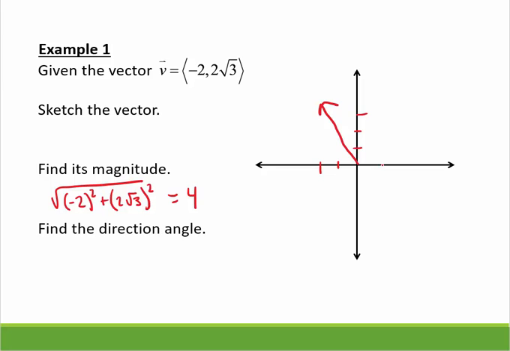Now the direction that I need to find is that theta. What I'm going to do is use the idea of reference angles. So I'm going to find this angle alpha here. And I'm going to do the inverse tangent of 2 over 2 root 3, just simplifying that.